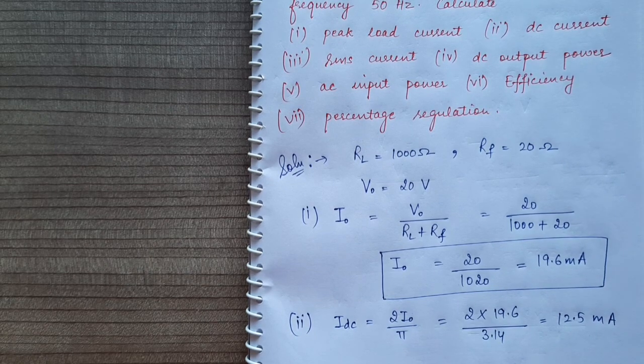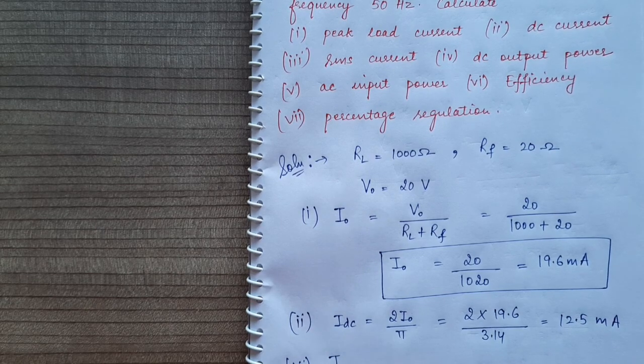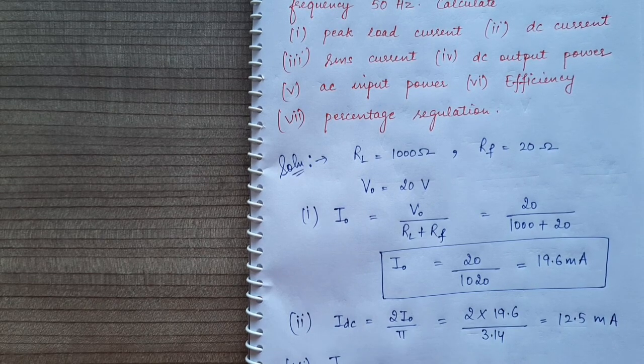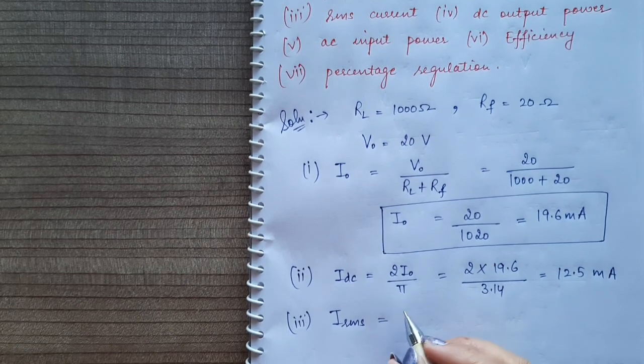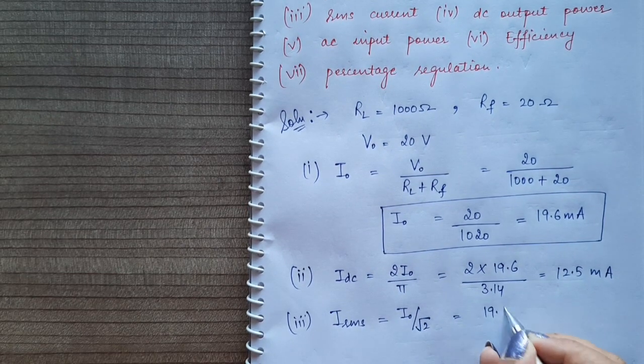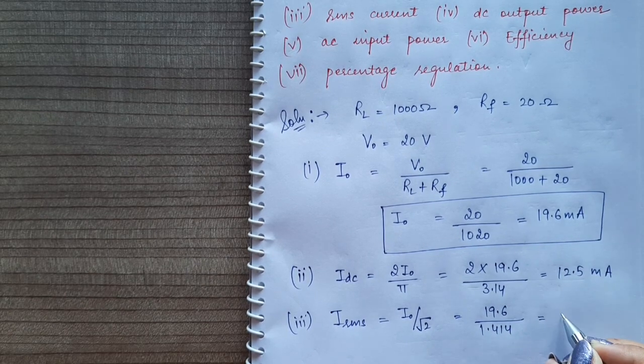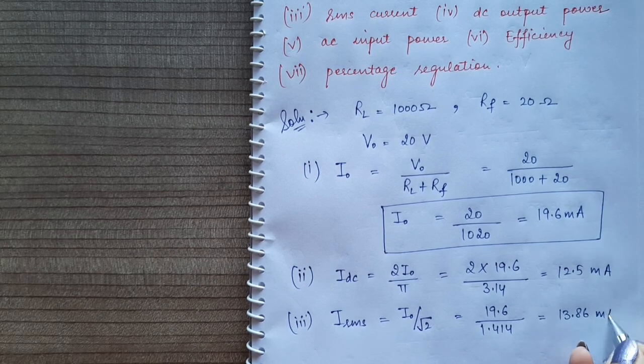Third, we have to calculate IRMS. You have to learn all the expressions. IRMS is I0 by root 2, which means 19.6 divided by 1.414. So it will be 13.86 milliampere.